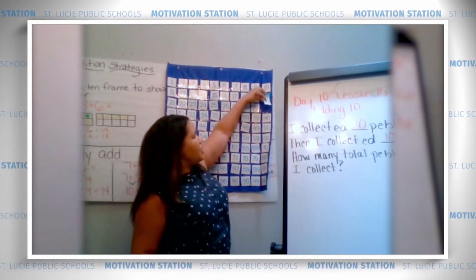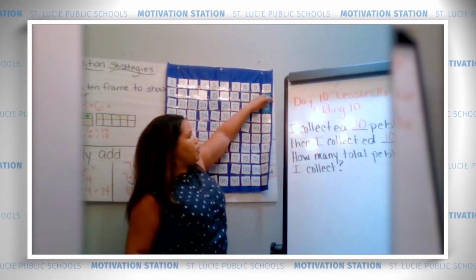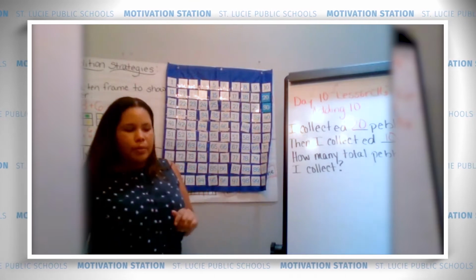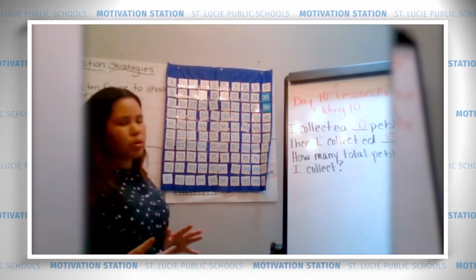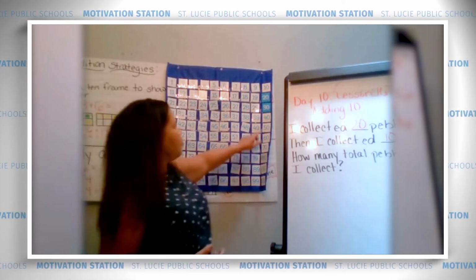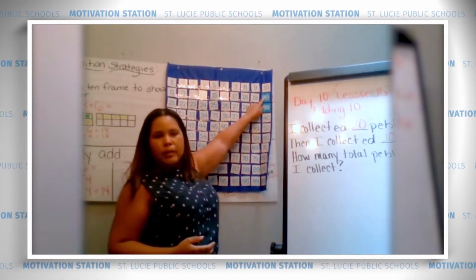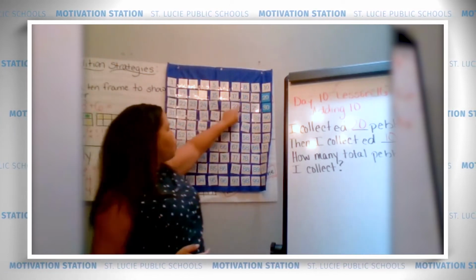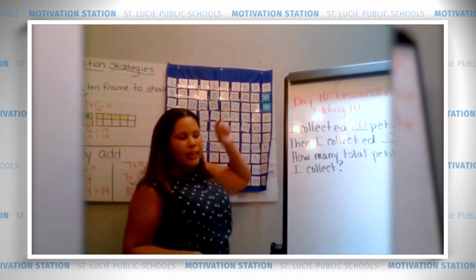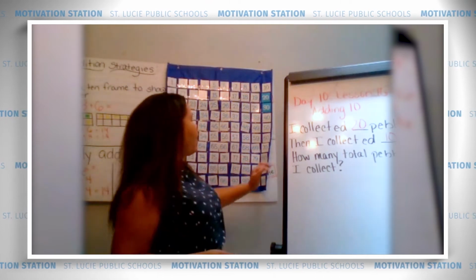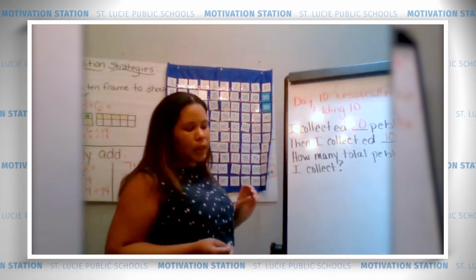And since I've ended here, I'm going to flip that card over. So how many pebbles did I collect? This was my starting point. I counted 10 more, and I end at 30. Excellent. So I have 30 pebbles in all.